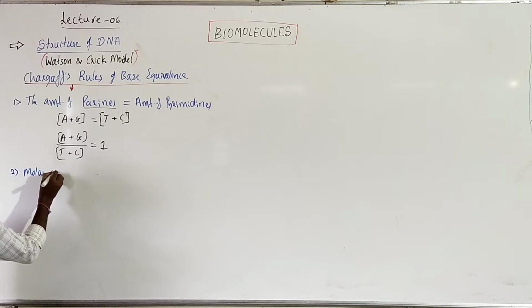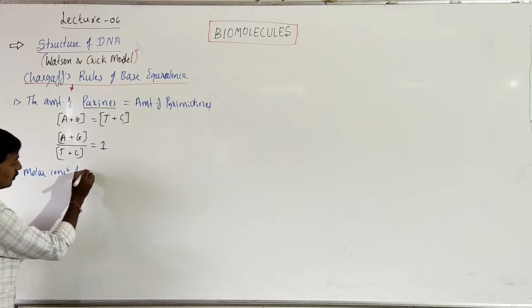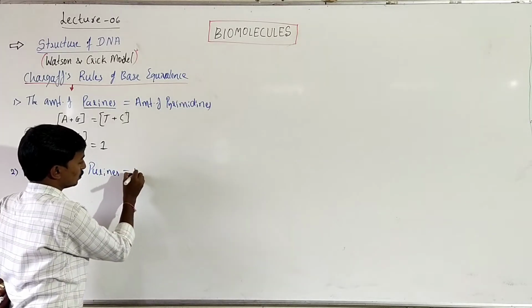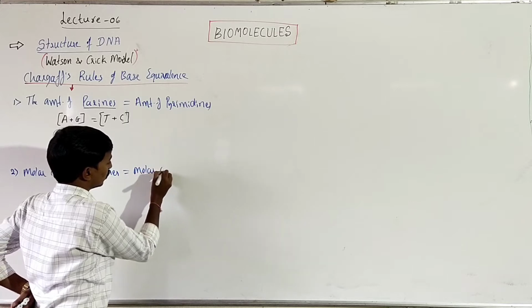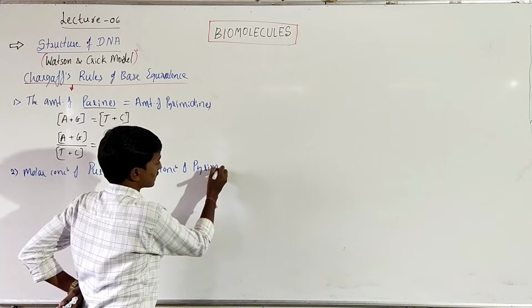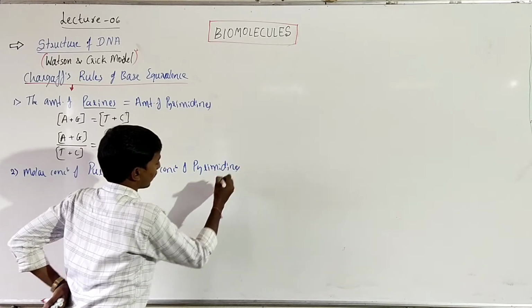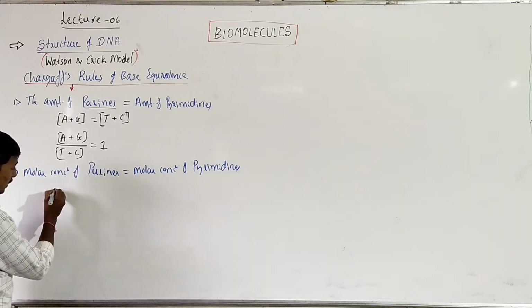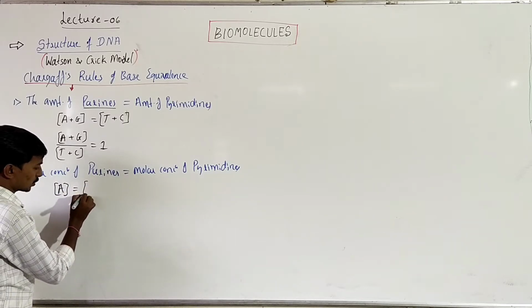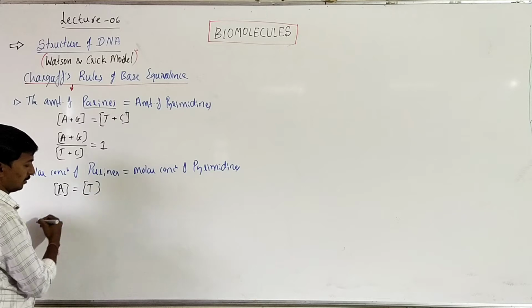molar concentration of purines is equal to molar concentration of pyrimidines. For example, the molar concentration of adenine will always be equal to the molar concentration of thymine.